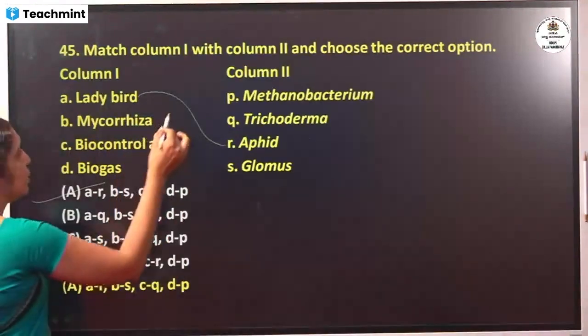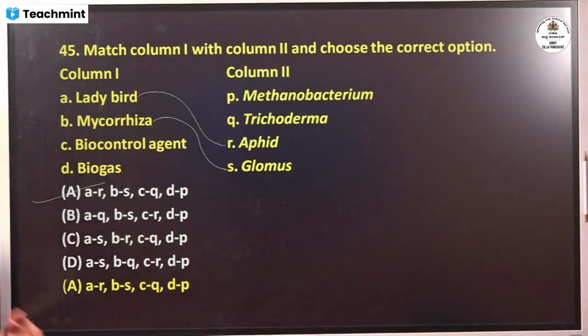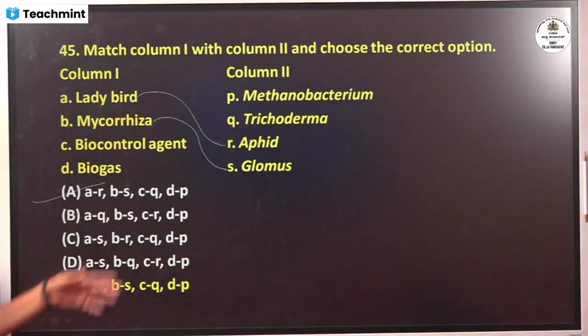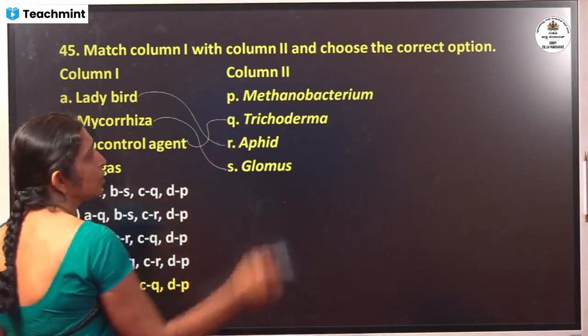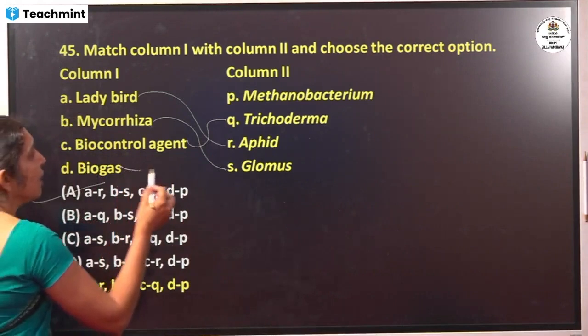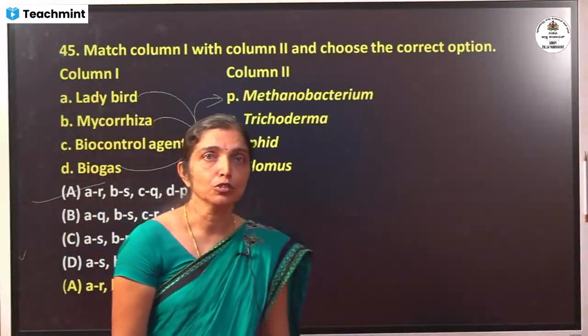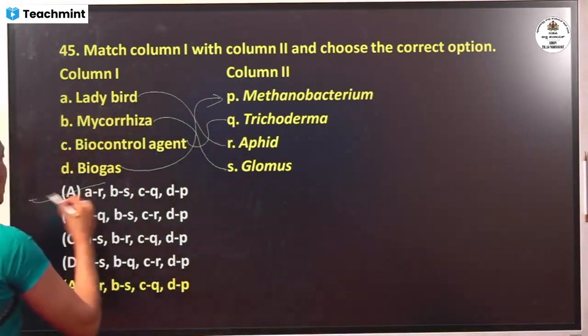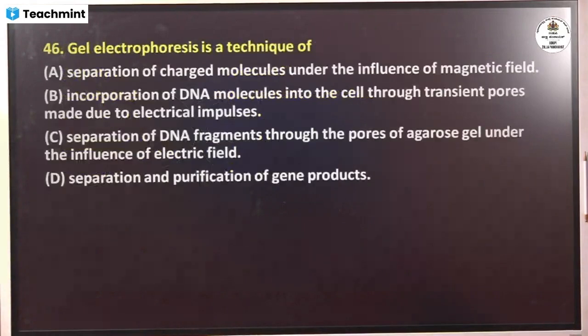Mycorrhiza is a symbiotic association of fungus with Glomus. The biocontrol agent is Trichoderma, and biogas is produced by Methanobacterium. So the right option over here is A.